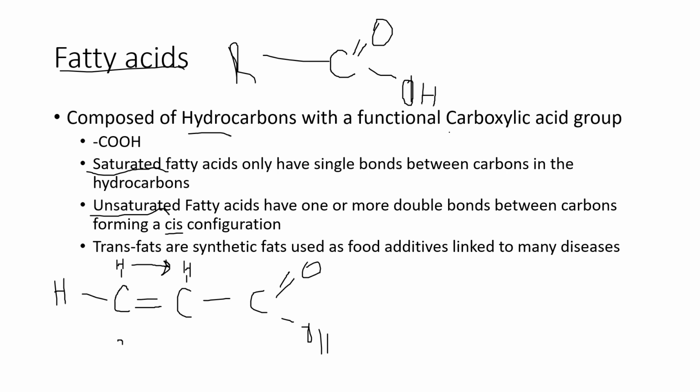If, on the other hand, we had a carbon double bonded with a carbon over here, and one of the hydrogens was up here and the other one down here, this would no longer be cis. This one goes across, so this would be a trans fat.